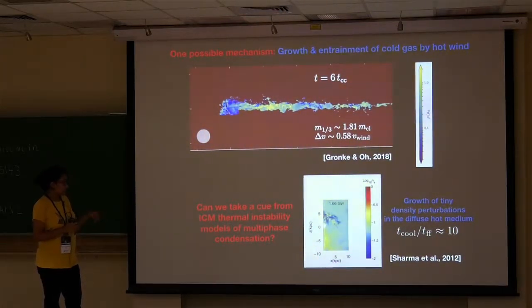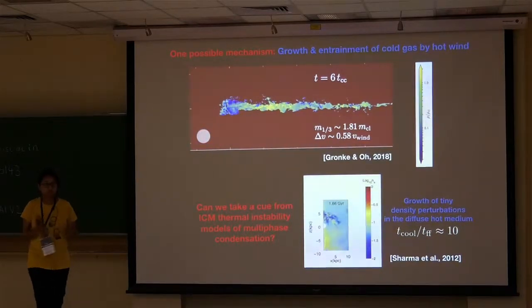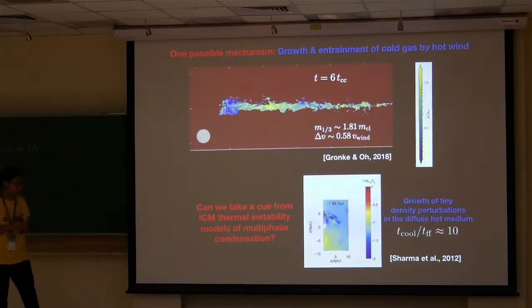This takes into account NFW potential and gas in hydrostatic equilibrium in that potential, and they start with tiny density perturbations which grow and cool down to around 10^4 Kelvin if the T_cool by T_ff ratio is around 10.